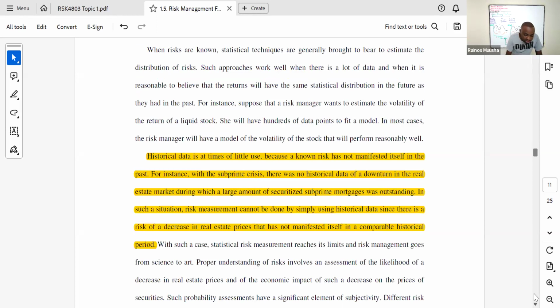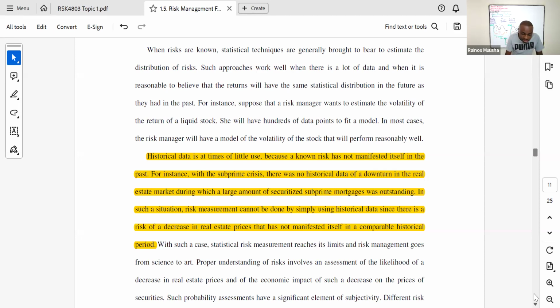Historical data is at times of little use because a known risk has not manifested itself in the past. For instance, with the subprime crisis, there was no historical data of a downturn in the real estate market during which a large amount of securitized subprime mortgages was outstanding.